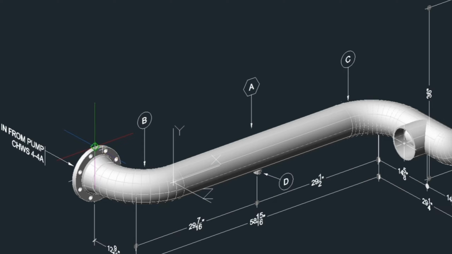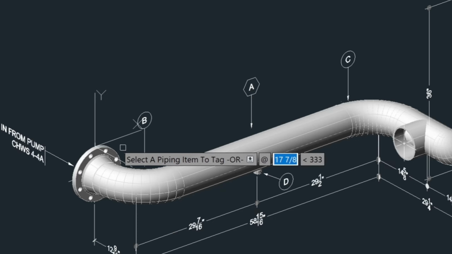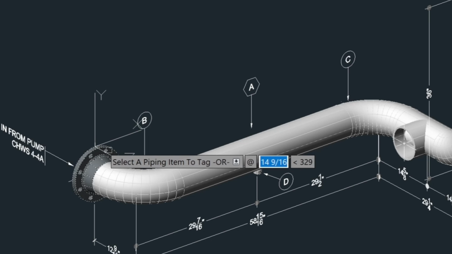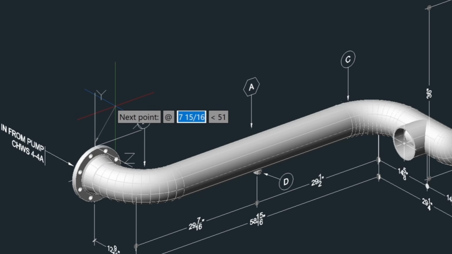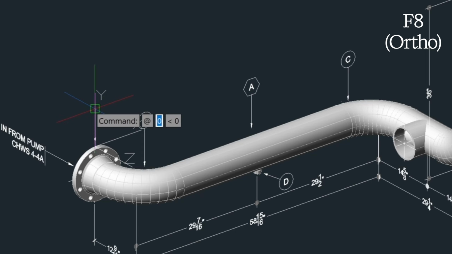And now we can just specify the quadrant here as the origin. It could be any of those quadrants. And then we need to select the piping item, which is going to be the flange. Then we'll start our leader, turn on the ortho, and then enter.